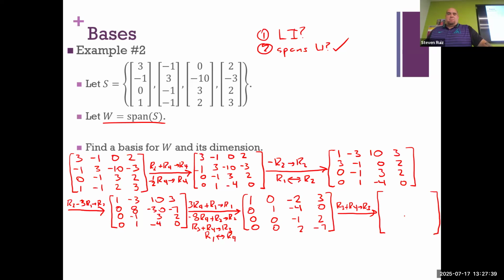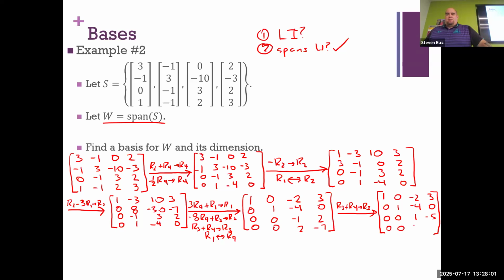Am I being delusional about this space? Let's see. 1, 0. No, we're good. Row 3 plus row 4 gives me 0, 0, 1, negative 5.